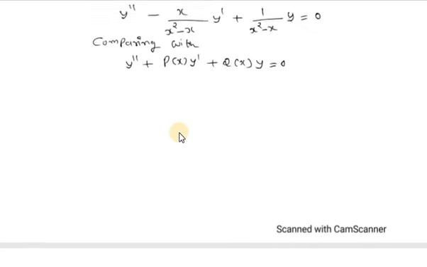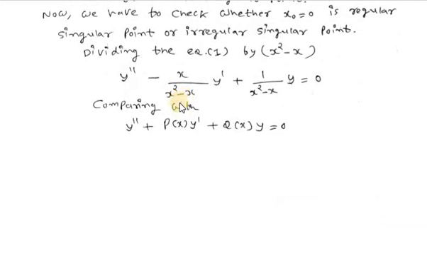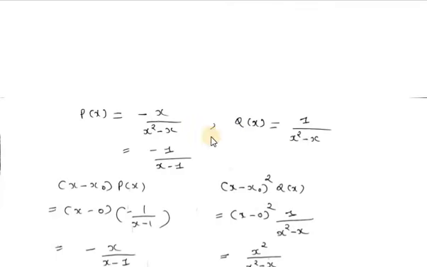By comparison, p(x) equals minus x over (x square minus x), and q(x) is 1 over (x square minus x). Now taking x common from the denominator, inside the bracket we have x minus 1 and x will cancel out. So p(x) is minus 1 over (x minus 1) and q(x) is 1 over (x square minus x).